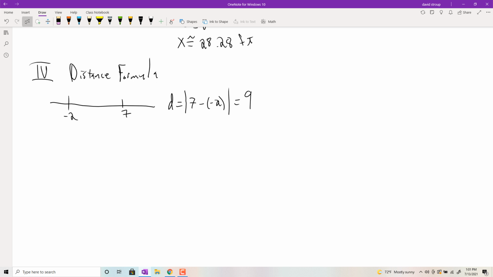Oh, sorry, that's actually 1 dimension, right? For 2 dimensions, it's different, because we're in the XY plane, and it's maybe not entirely clear how to get the distance between, say, x1, y1 here, and this other point, x2, y2.